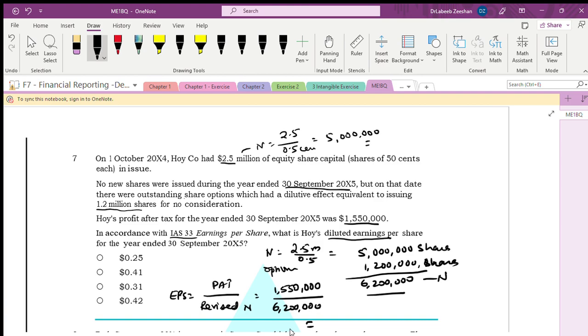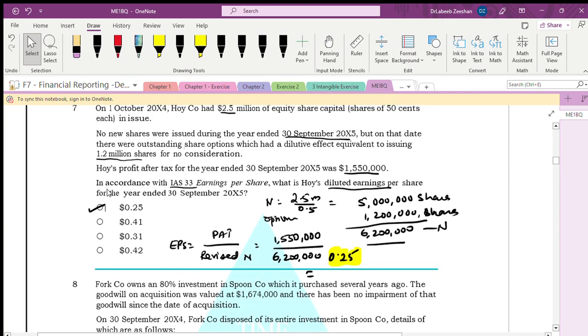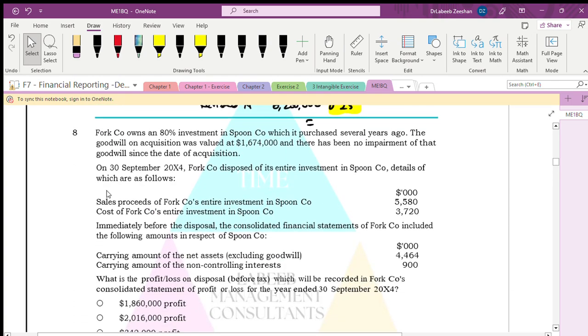It comes to 0.25. Here it is 0.25. Now I'm taking it very slowly. I will not rush.